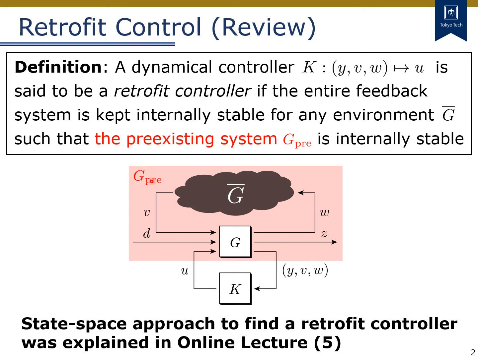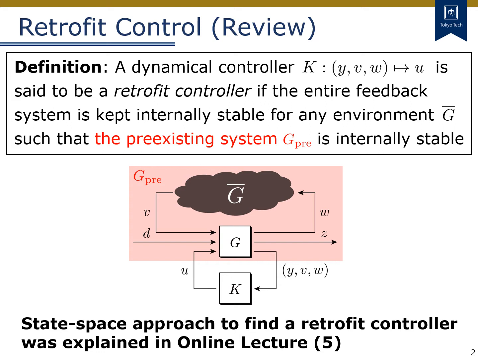The pre-existing system G pre is shown by this red box, which is the feedback of the environment G bar and the subsystem G. In the previous online lecture, I explained a state space approach to find a retrofit controller.